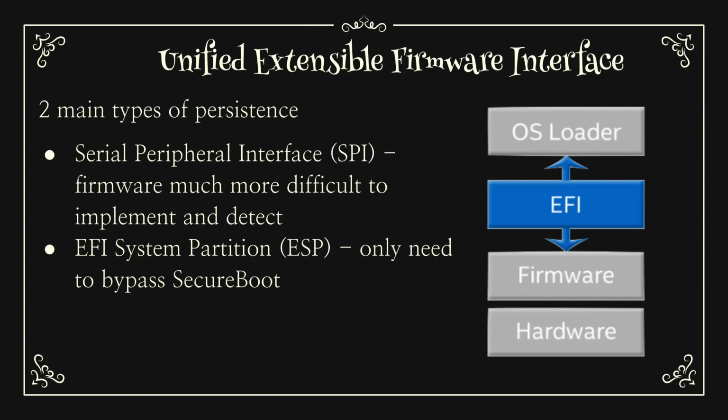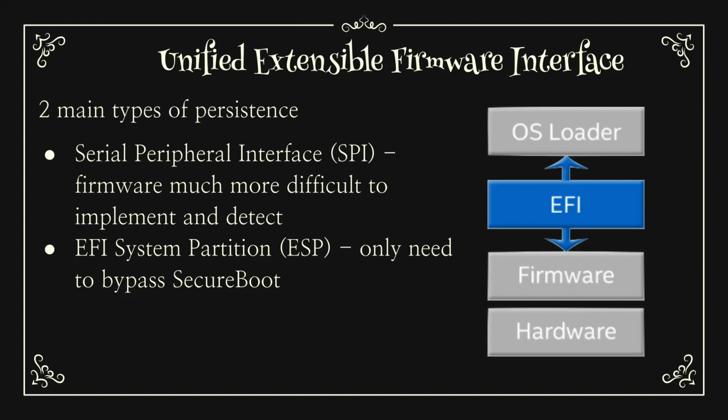Instead, we're going to focus on the visibility that's available, and also the second type of persistence, called the EFI System Partition, or ESP. In this case, all you need to do is bypass Secure Boot, so bypass Windows' checks and validation of your EFI boot process, and then you can get on the machine to persist.